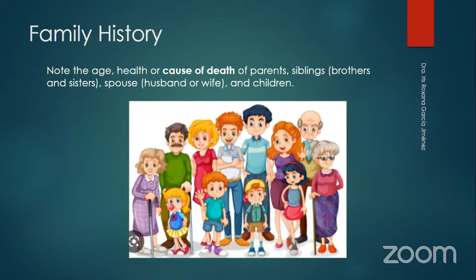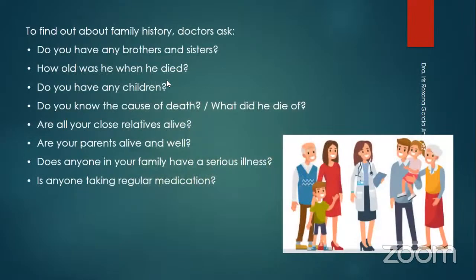About family history, we can consider the age, health, or cause of death of parents, siblings, spouse, and children. We must take into account all of this information. We must ask about family history. Do you have any brothers and sisters? Do you have siblings?